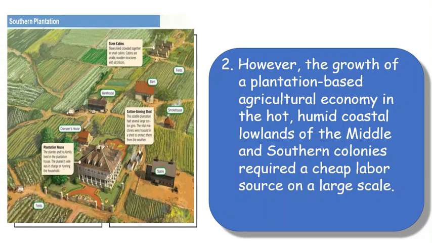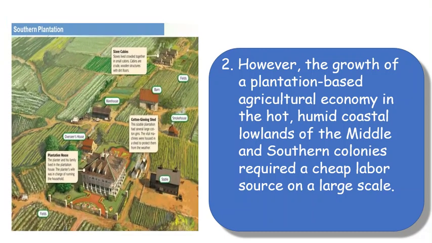And so you saw in the southern colonies the development of plantations, huge, massive farms of hundreds and thousands of acres in some cases, with fields, crops, and livestock, huge amounts of land that required a very large labor force.